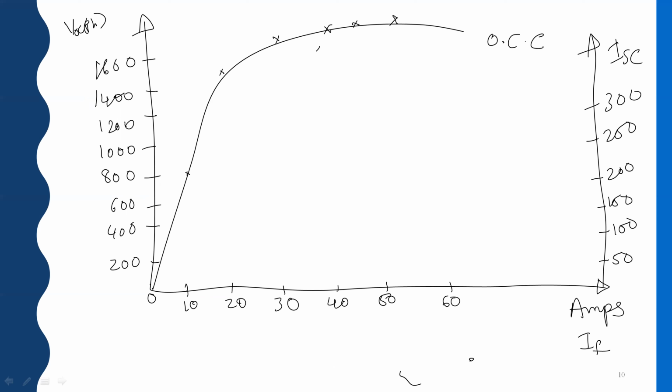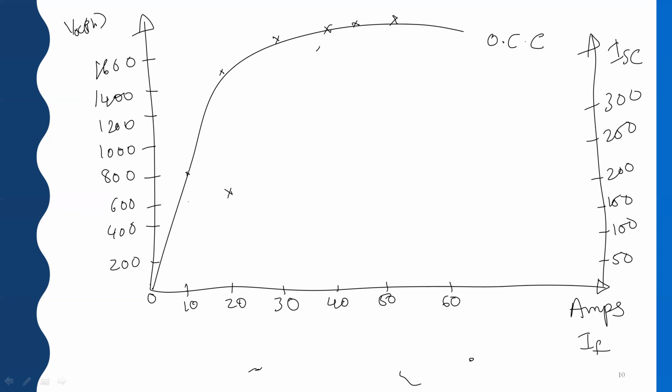Now at your field ampere 10, what is your ISC? Sorry, it was at 20. So at 20 in the tabular column it was 200. So I'll be getting a point here somewhere.